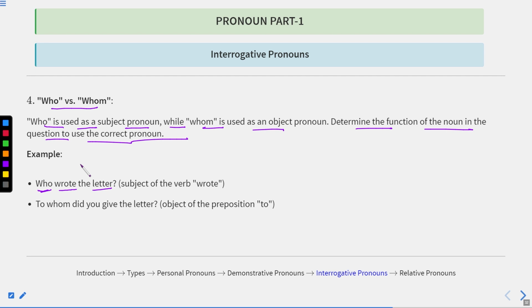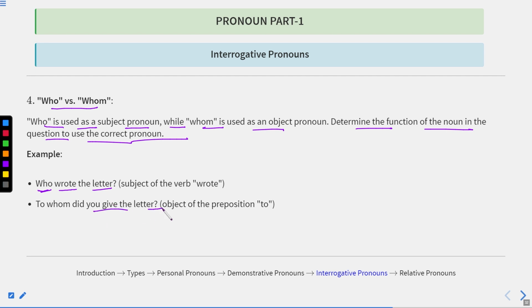It means whatever question is given to you, just make an answer for that, any answer that you can make out of that question, and see which is actually replacing this word who. If it is replaced by a subject, then this who is correct. But if it is replaced by the object, that means you need to write whom, not who.